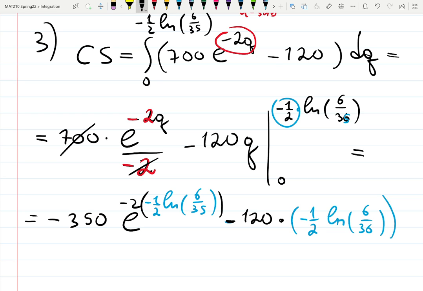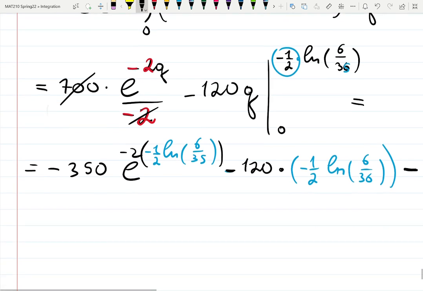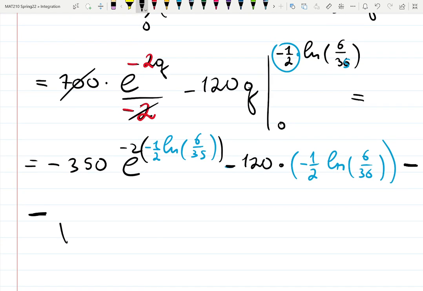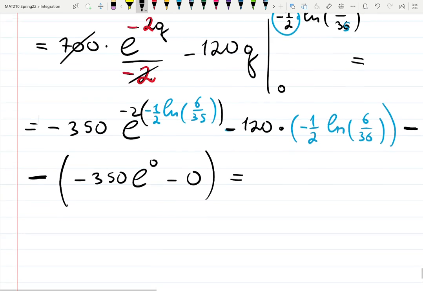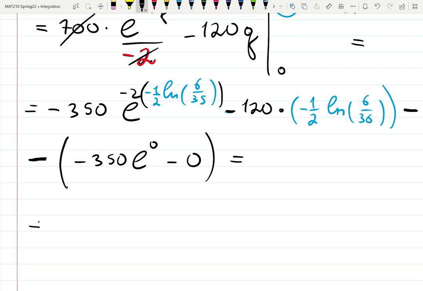And then plug in 0. Don't be fooled that it always gives you 0. Not in this case. Minus, and now it's going to be e to the 0, which is 1. Remember that. But it's also multiplied by minus 350, e to the 0, and then indeed minus 0. Simplify this. So check this out, it's actually pretty cool.